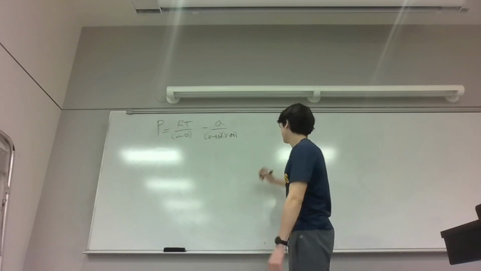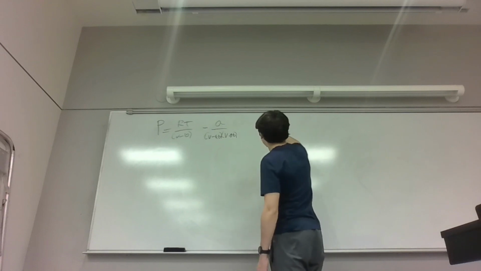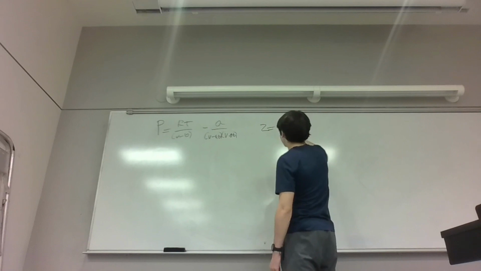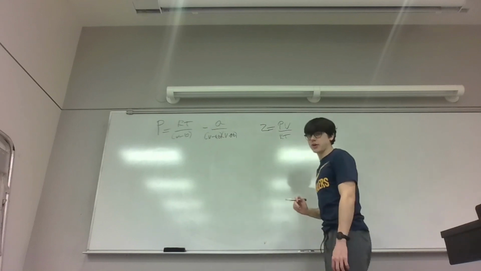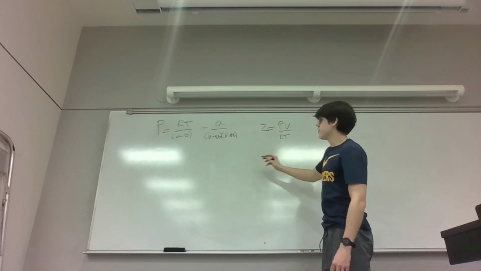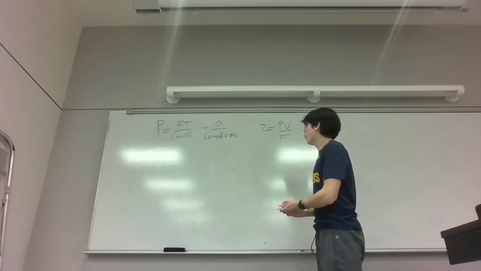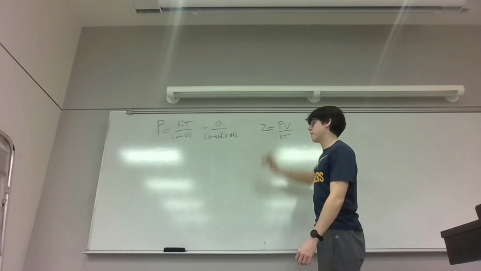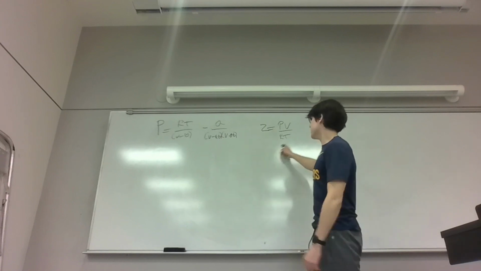We know that the compressibility factor is Z, which is equal to PV over RT. So if we multiply both sides of this expression, we get PV over RT is equal to the other side. So we'll have Z equal to the other side.